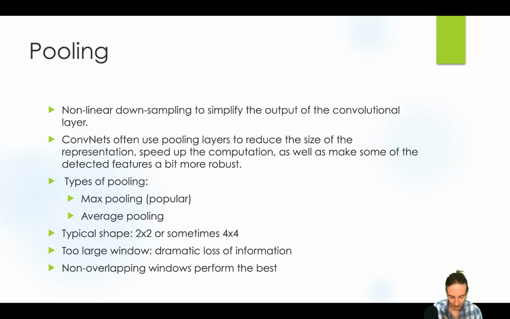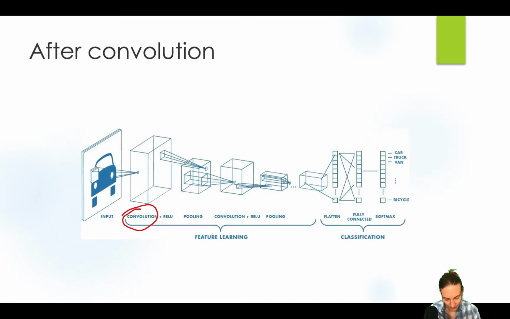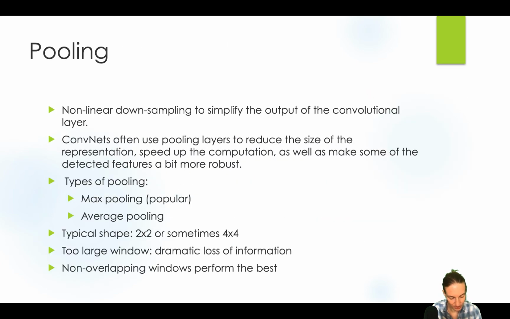After this, if you recall this drawing, we did activation. Now we're going to pooling. Now pooling is a specialized operation typical for convolutional neural networks. And it's actually a nonlinear downsampling, which makes the output more simple. Okay, so it reduces the size of the representation. So that means we can speed up the computation, as well as make some of the features more robust and less overfitting.